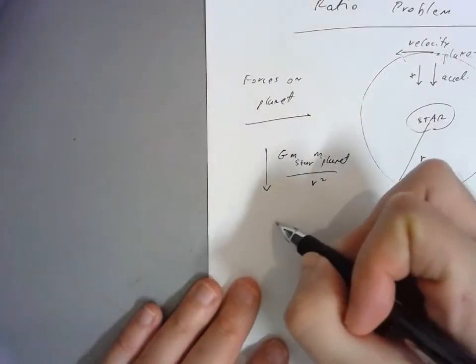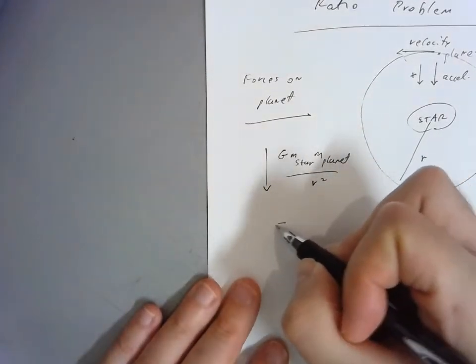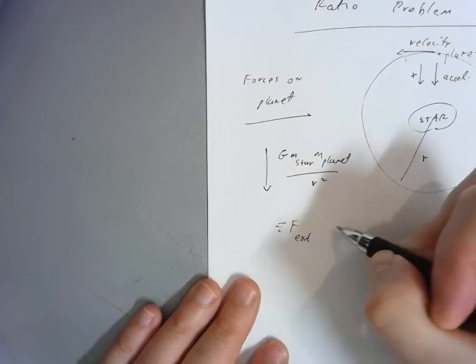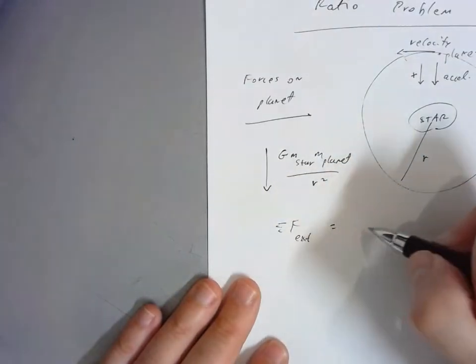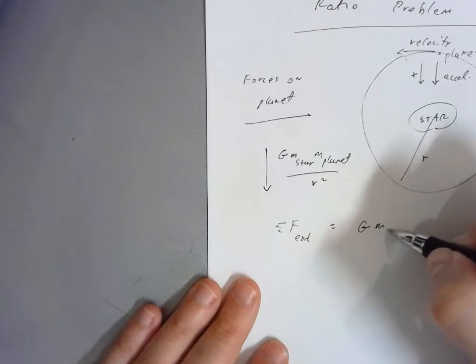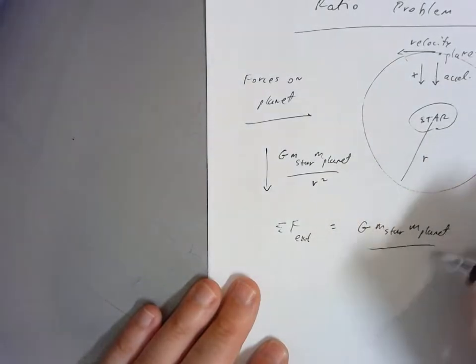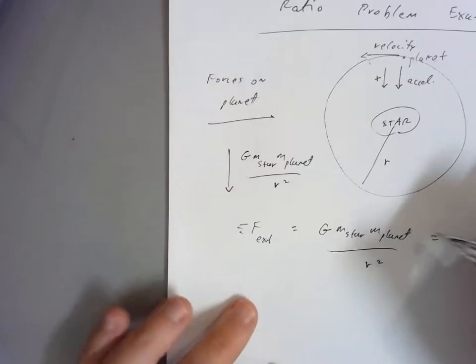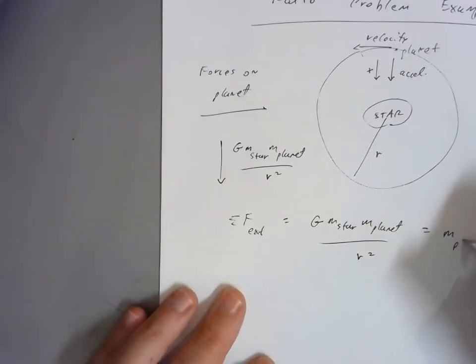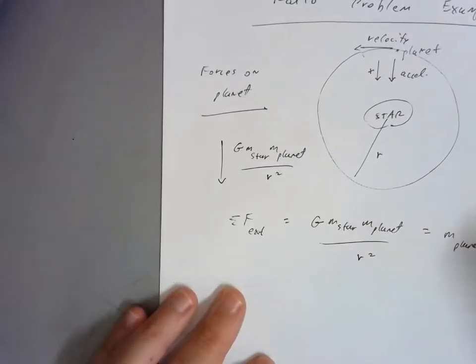For any satellite problem, we're going to do a net force equation and make that net force big G m star m planet over r squared. That is equal to the mass of the planet times the planet's acceleration.